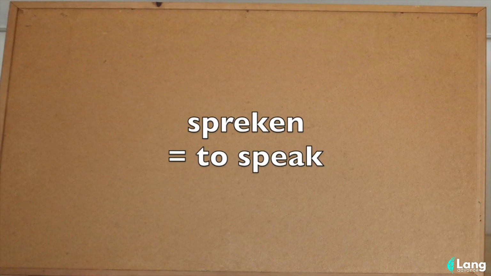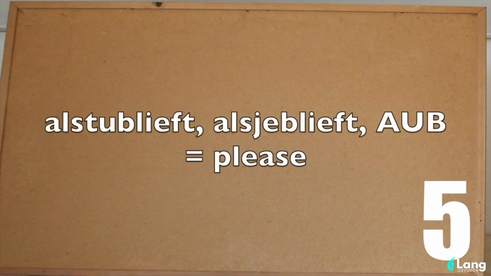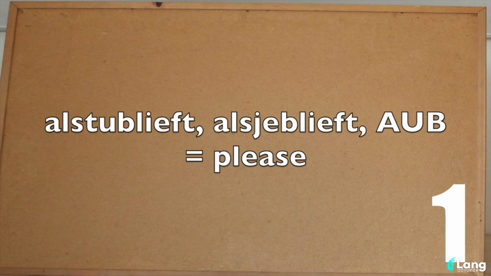Spreken means to speak. Alstublieft, alsjeblieft, that's please, and it depends on whether you're speaking formally or informally. Alstublieft is formally, alsjeblieft is informally. Sometimes Dutch persons write AUB, like you see on the board there, and that means alsjeblieft.